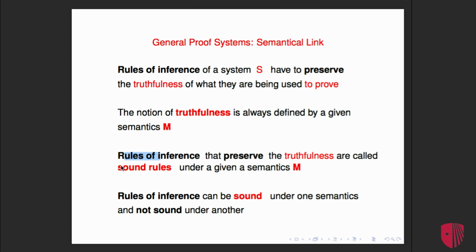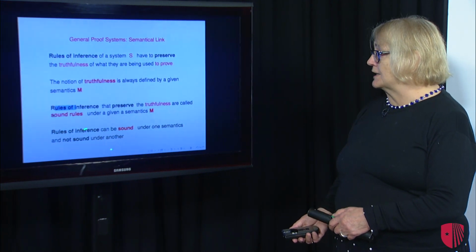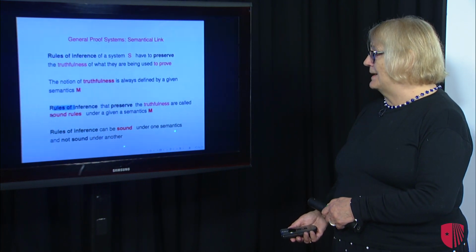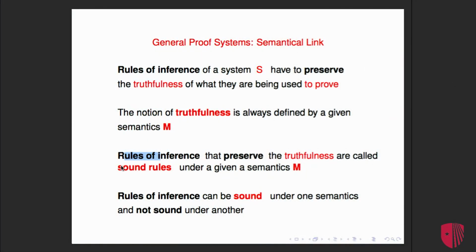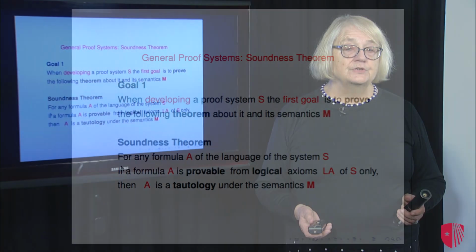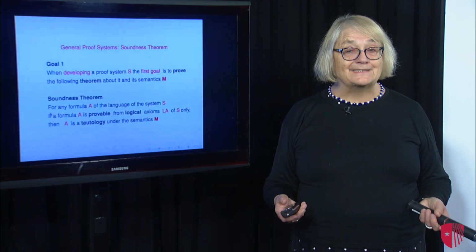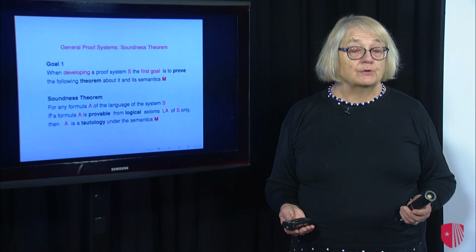Rules of inference that preserve truthfulness are called sound rules. So truthfulness, semantics, sound rules under a given semantics. And we say that rules are sound under one semantics and can be not sound under another semantics, and we will see the examples.